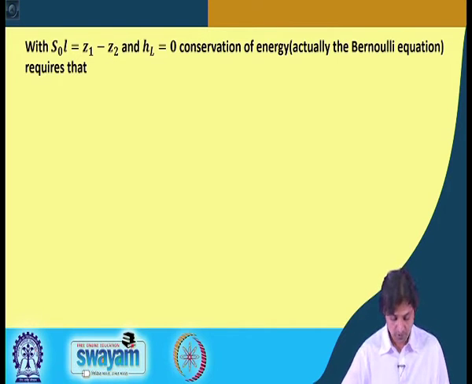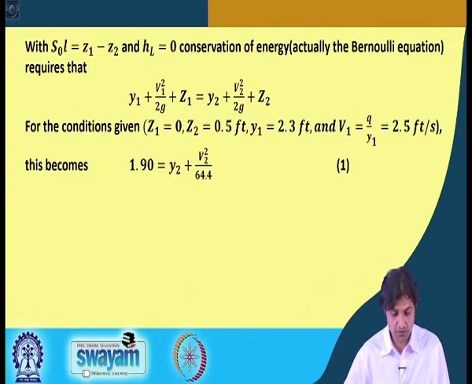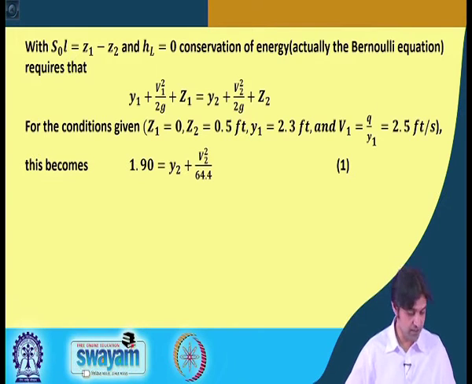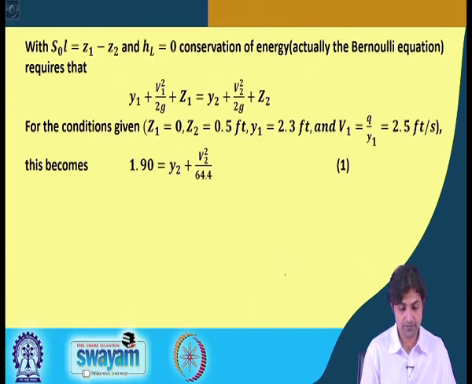Bernoulli's equation will require that at 2 points we equate y1 plus v1 square by 2g plus z1 is equal to y2 plus v2 square by 2g plus z2. For the conditions given, z1 is equal to 0, z2 is 0.5 feet, and y1 is 2.3 feet.